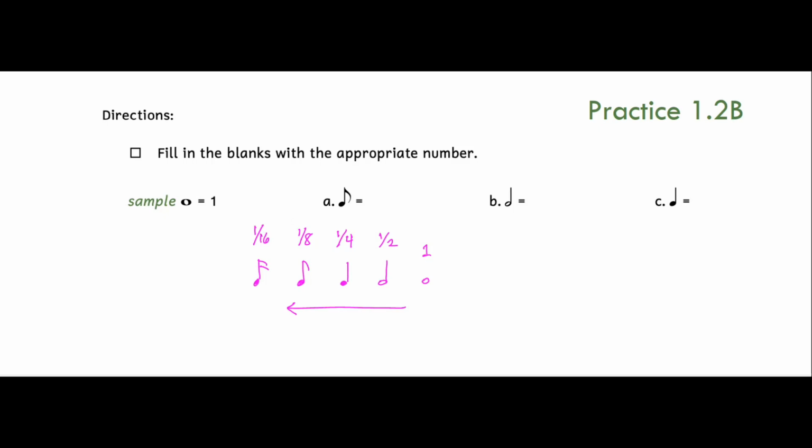All right, so the half note here is going to be worth half. The eighth note here is going to be worth an eighth. And the quarter note here is going to be worth a fourth.